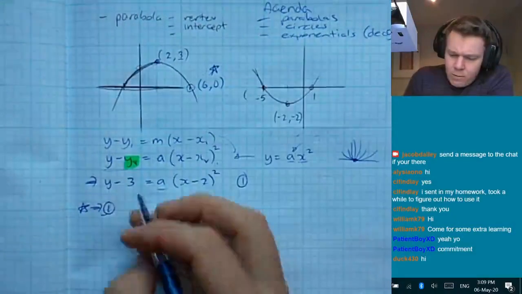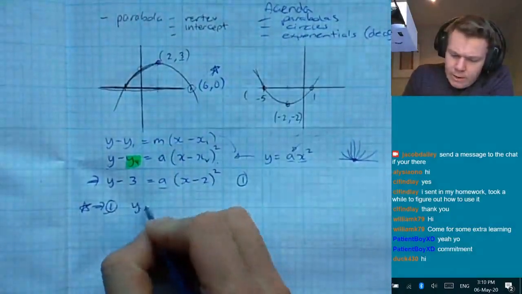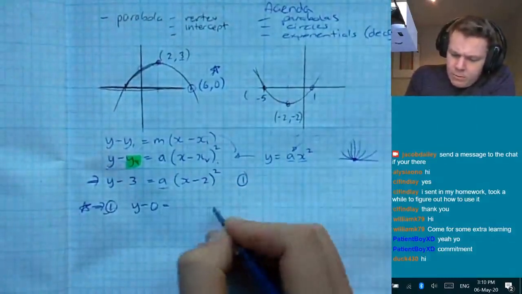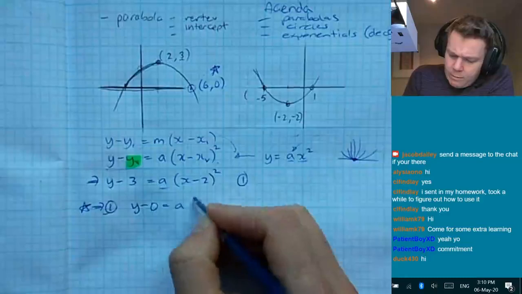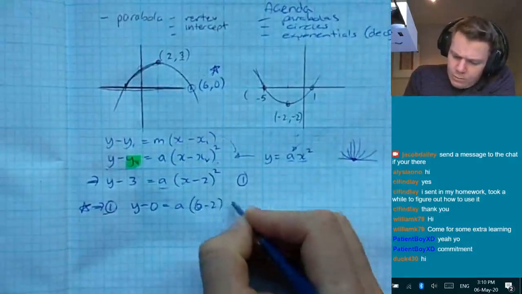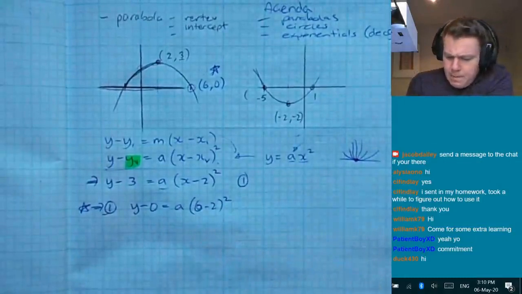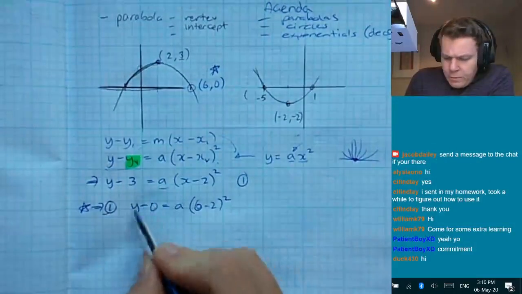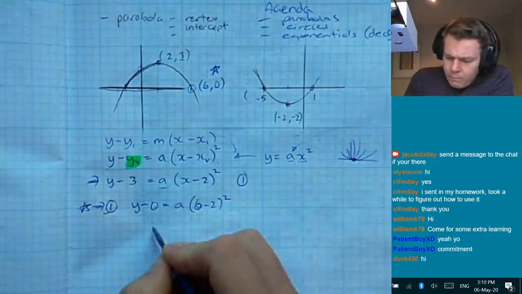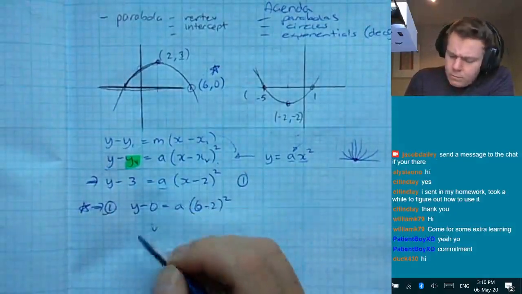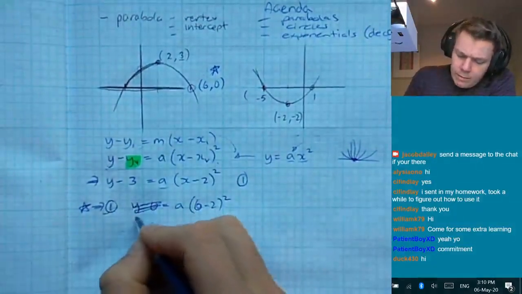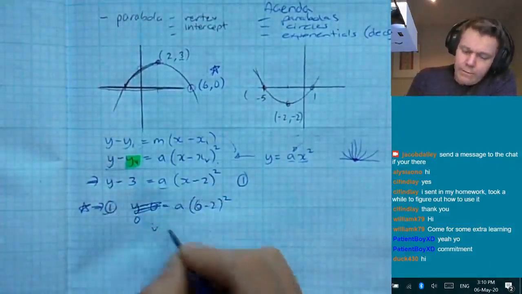That star coordinate. So y minus 0 equals a 6 minus 2 squared. And this has worked out pretty good for us because that's just y. Hold up. What am I doing? That is completely wrong there. 0 is this y.